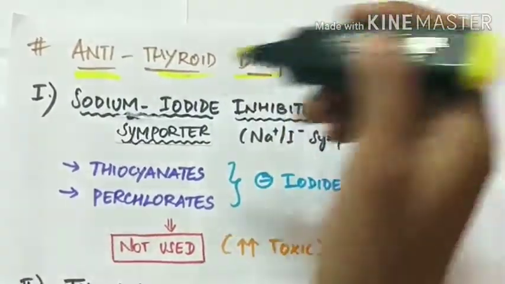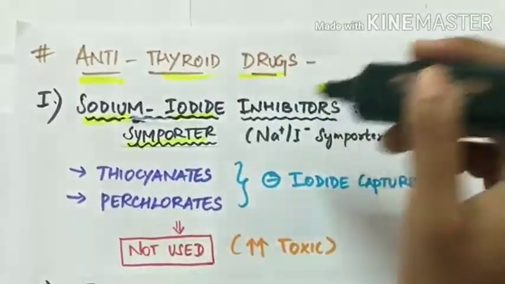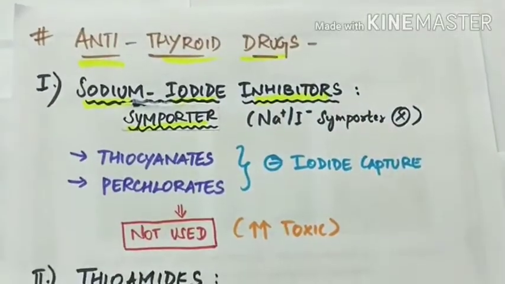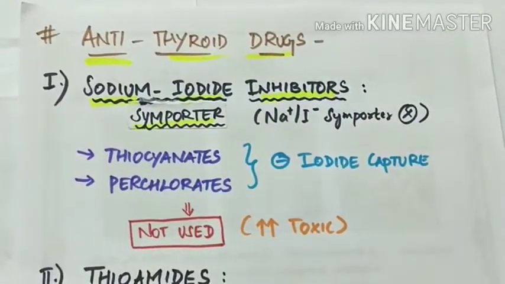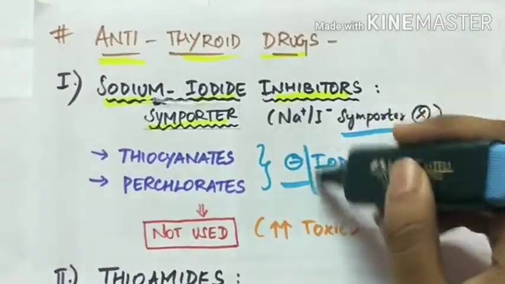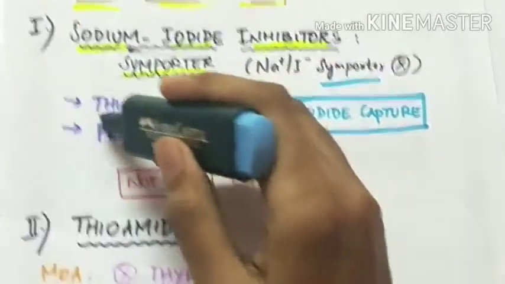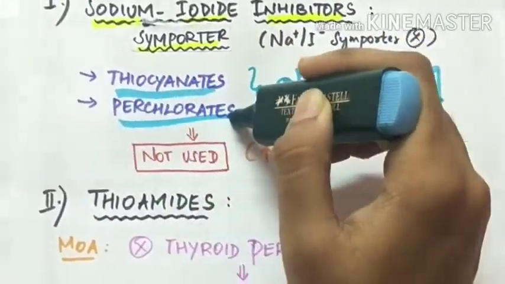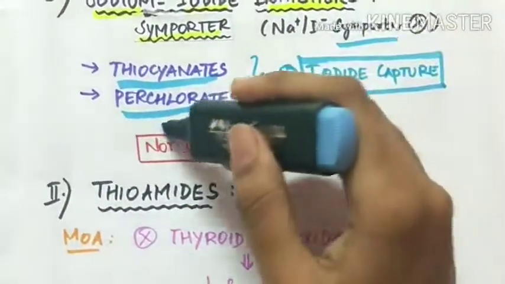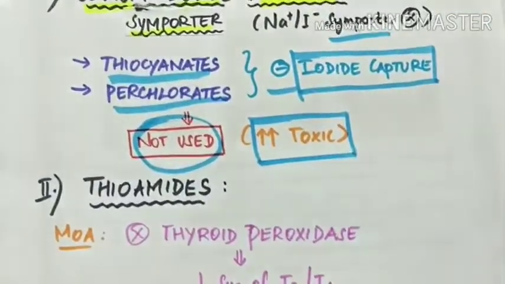The first class are sodium iodide symporter inhibitors. The drugs inhibit the sodium iodide symporter and thereby inhibit the iodine capture. The drugs are thiocyanates and perchlorates. But these are not used now because they are highly toxic.